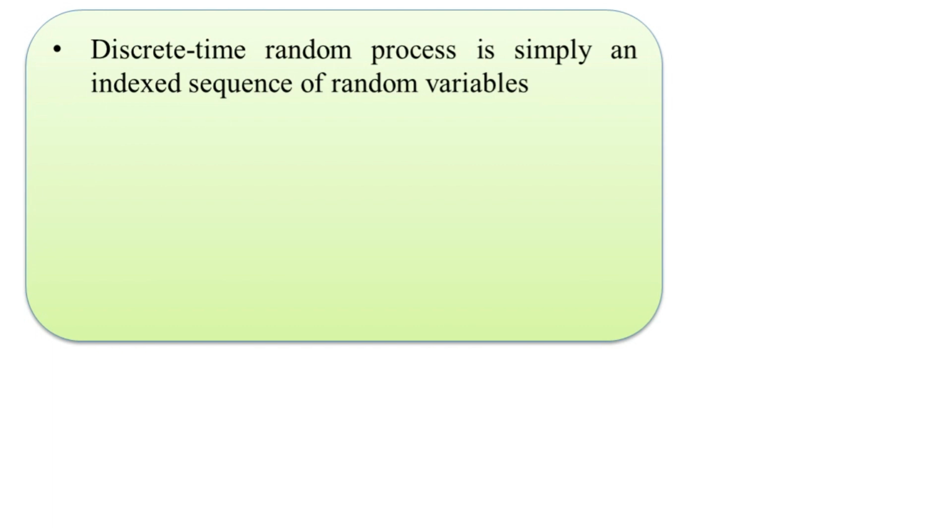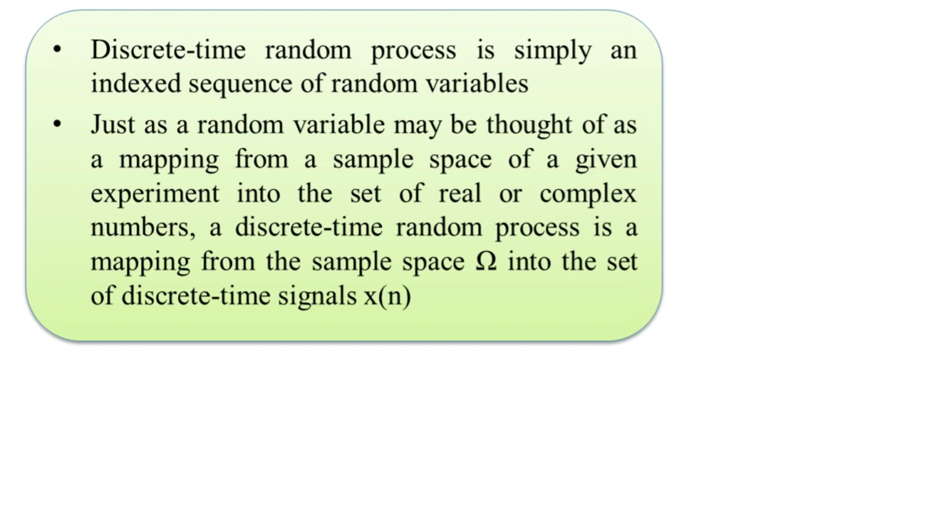In the same fashion, a discrete time random process is a mapping from the sample space into a set of discrete time signals, which we denote by x of n. Here n denotes the discrete time and x is a function of this discrete time. So x of n is the representation of a discrete time random process in general. If you take x only, then it is a random variable.